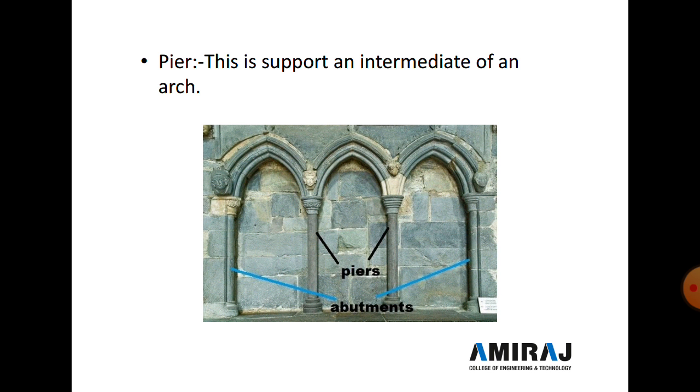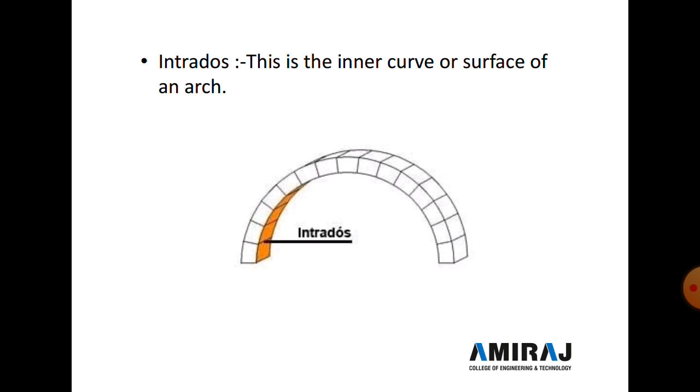So it's the main difference between abutment and pier. So in this figure, abutment is the last support, and pier is an intermediate support of the arch. Now next is intrados. This is the inner curvature or surface of the arch, called intrados.